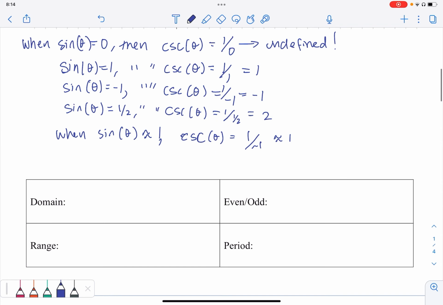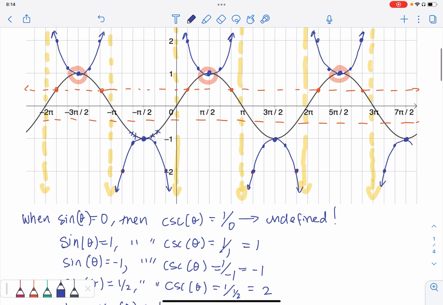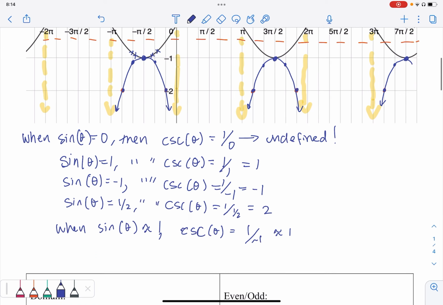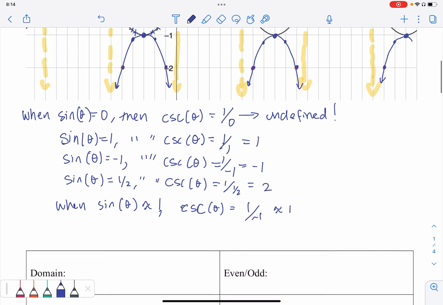So let's look at the domain. Some things work and some things don't work. I see that I have these asymptotes at multiples of pi. So I really want to define cosecant by what is allowed versus what is not allowed. Many things are allowed, but multiples of pi are not allowed.